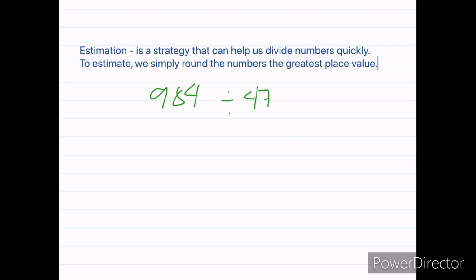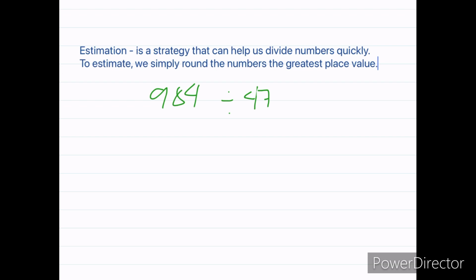But through estimation, madali na lang natin siyang ma-solve. Of course, first i-round natin ang numbers to the greatest place value. So using the rounded numbers, we can now easily divide the numbers. So itong 984, i-round off natin siya to the nearest thousand.